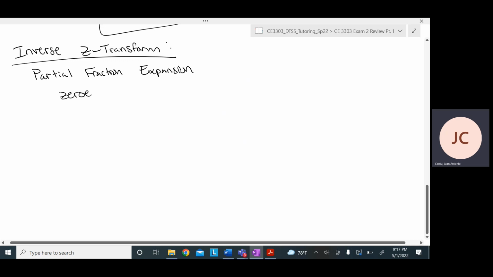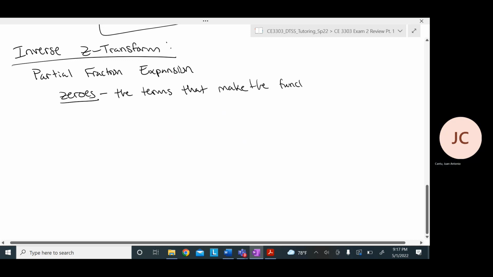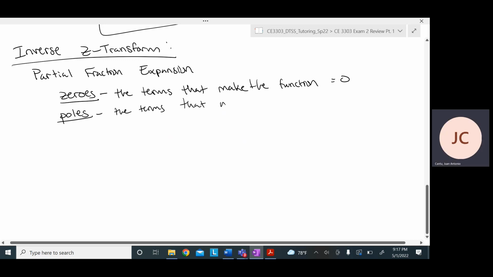So zeros are the terms that make the function equal 0, and poles are the terms that make the function go off to infinity. Okay.